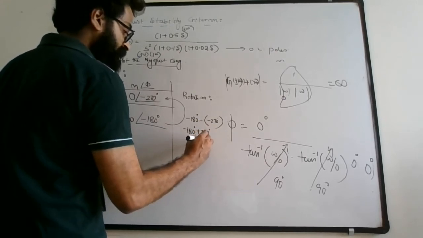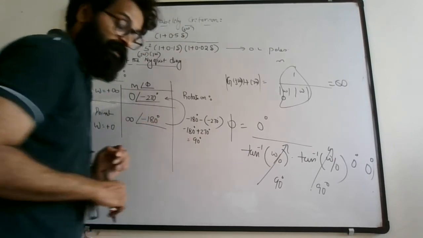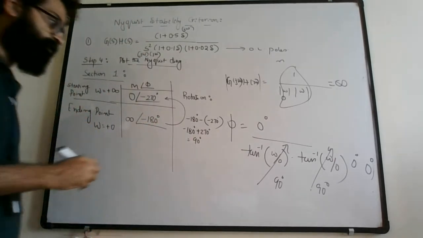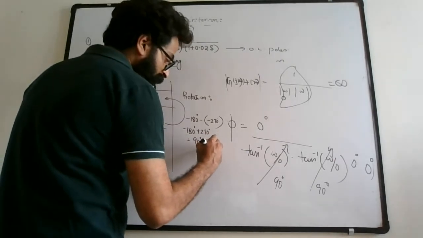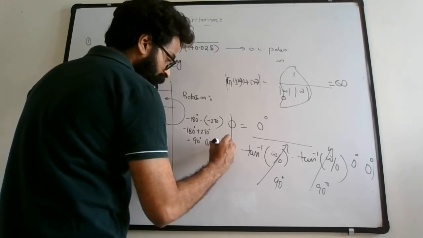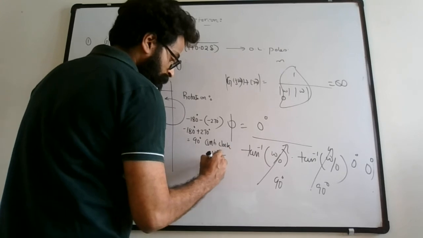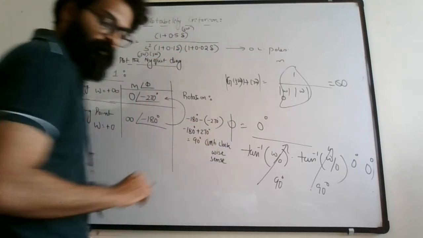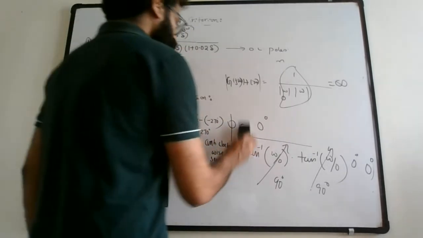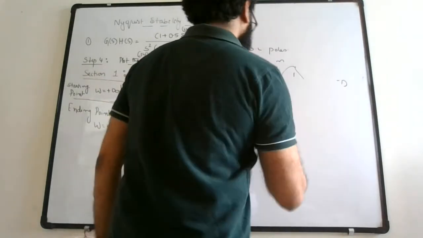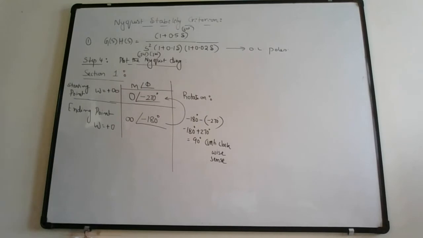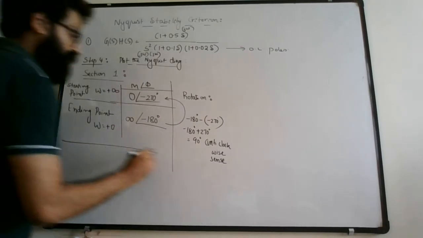So that is 90 degree. And what is the sign? The sign is positive. Positive means it is anti-clockwise. Positive means anti-clockwise sense. Okay. So that's your section 1.